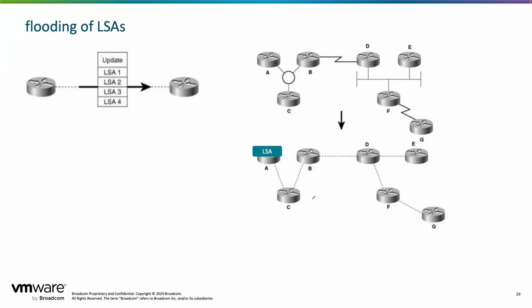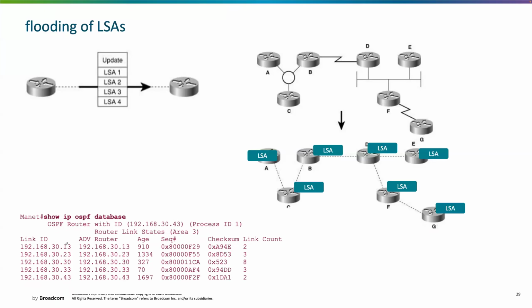You can see there's an animation here. Everybody just knows the same LSA. Every router originates specific LSAs and propagates them to the entire network, and then everybody knows the same LSAs. What is an LSA?